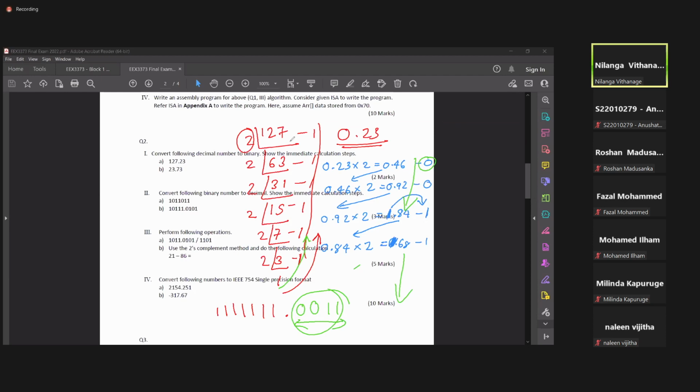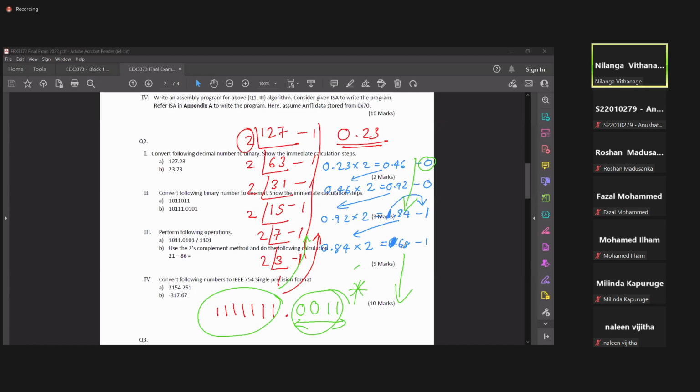But for the whole number part, you can't stop early, because you have to do the calculation for whatever the number is. When it comes to the fractional part, you can stop at 4 digits. That is enough for the final exam.